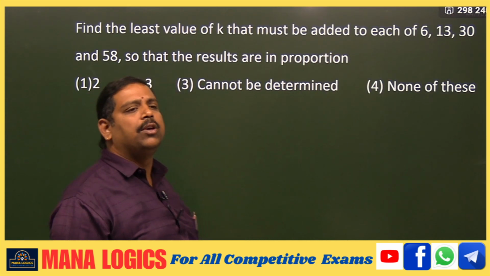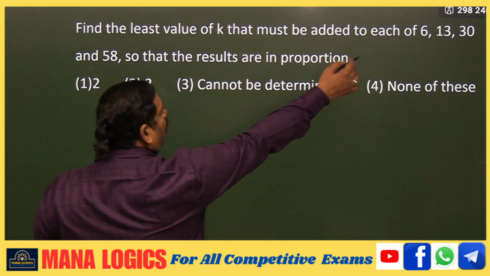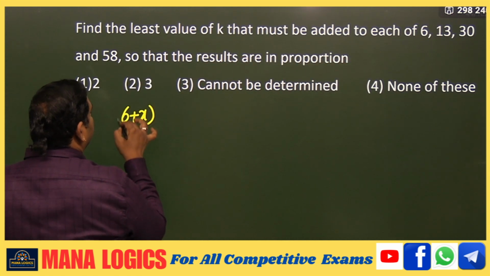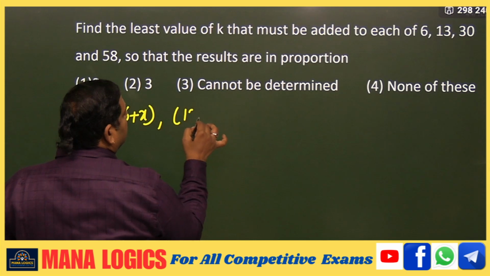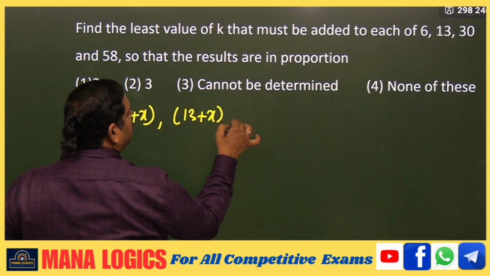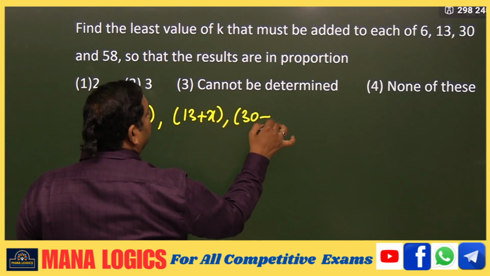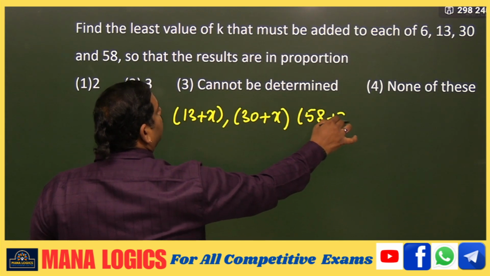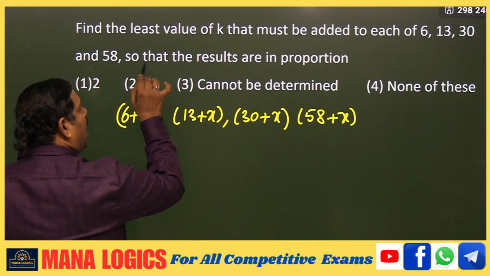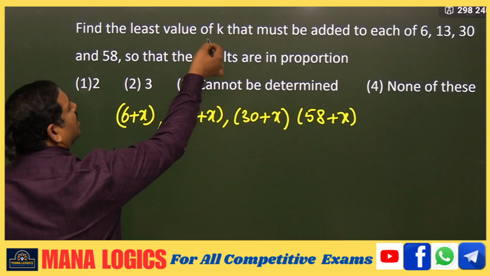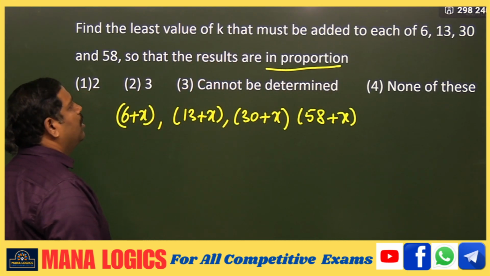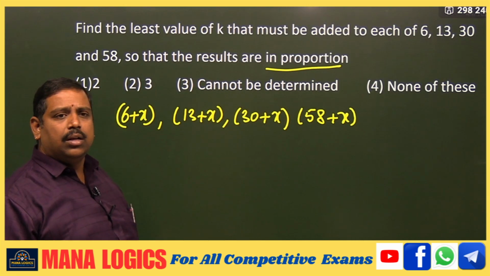Suppose that least number I am assuming to be x, that I am adding to all the numbers. Means first number will be 6 plus x, second number 13 plus x, next number 30 plus x, and the last number 58 plus x. After adding that smallest number, x or k whatever, the results are in proportion.